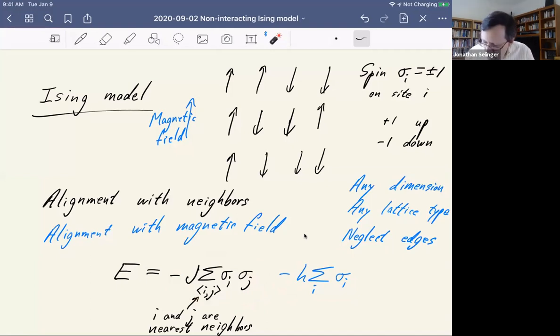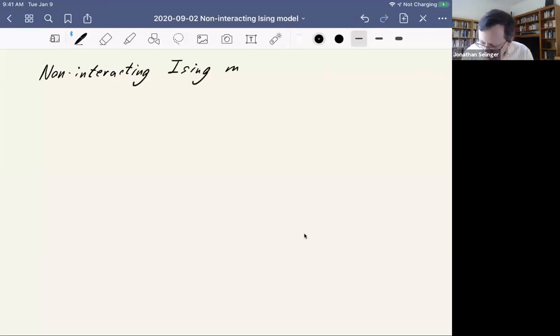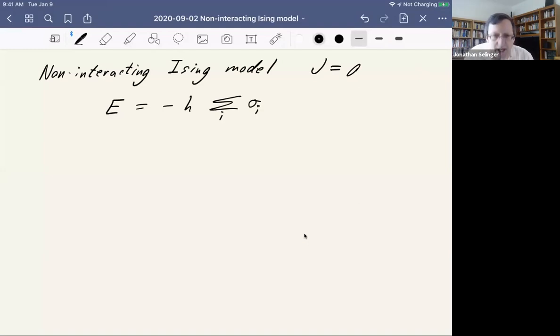So, to begin with, in this class today, I'm going to consider the non-interacting Ising model, which means J equals 0. Okay? So that the only thing in the model is negative h times the sum over sites of sigma i. Okay?